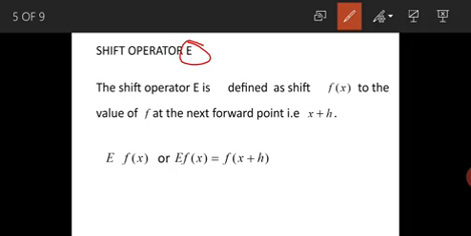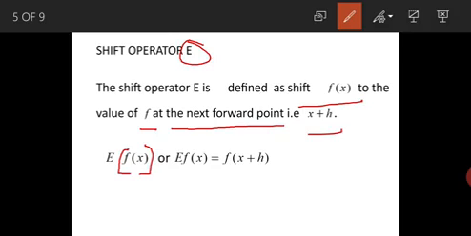The shift operator E is defined as shifting f of x to the value of f at the next forward point, that is nothing but x plus h. Here we have defined it. E of f of x is nothing but f of x plus h.